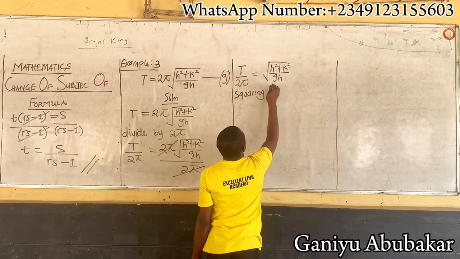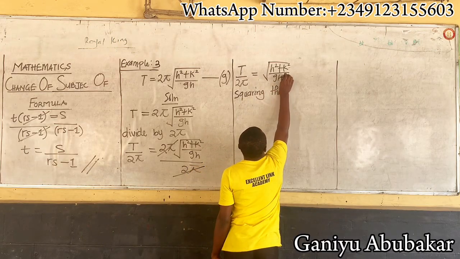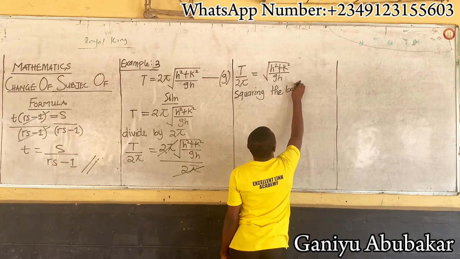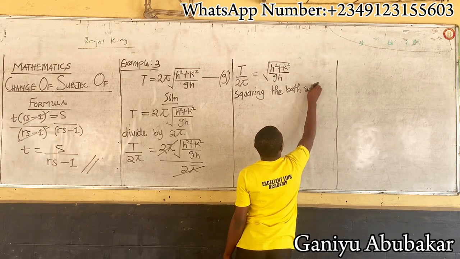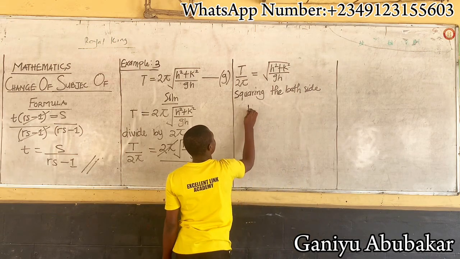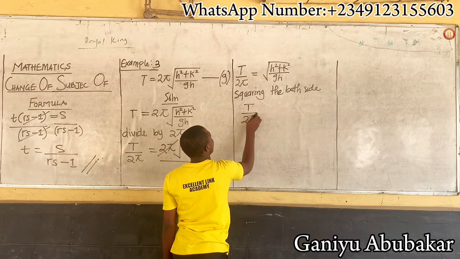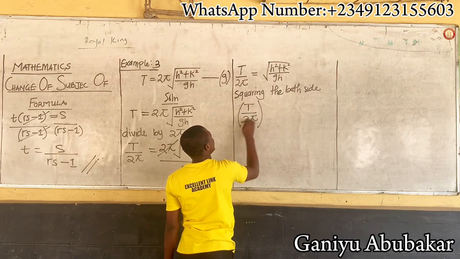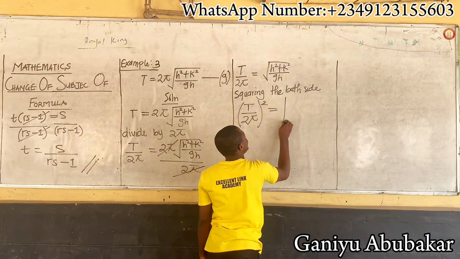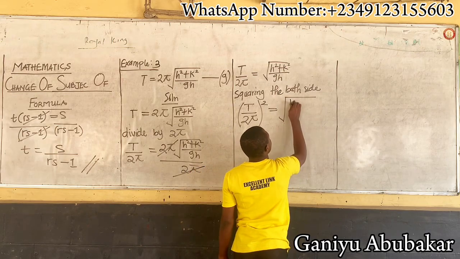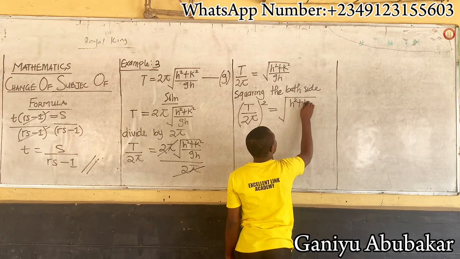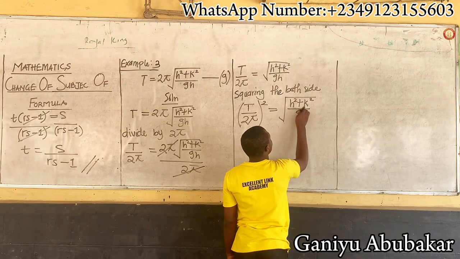Next up, squaring both sides. What do I get? I have t over 2 pi. I'll square it this way, equal to root h squared plus k squared over gh.